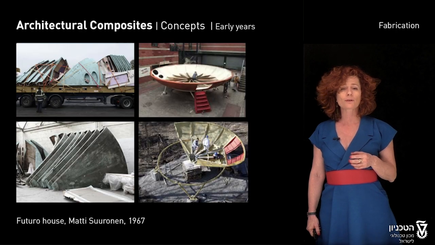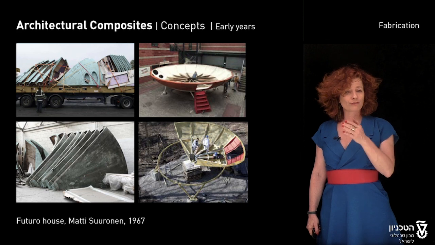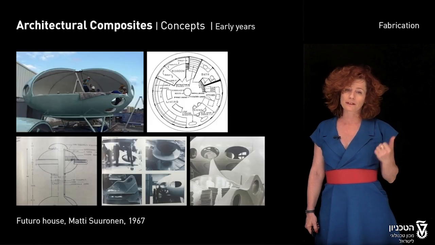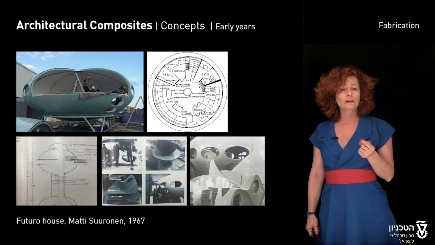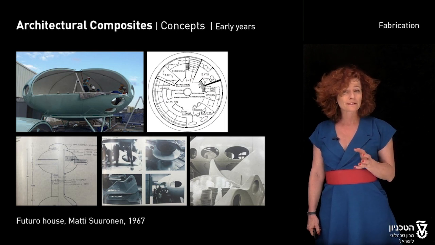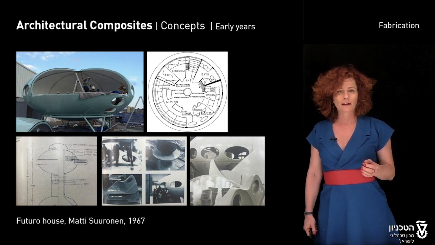The Futuro house also being based on a modular element, but as opposed to the other example, here we're talking about some kind of blob or sphere, an elliptic alien that has entered a spaceship.